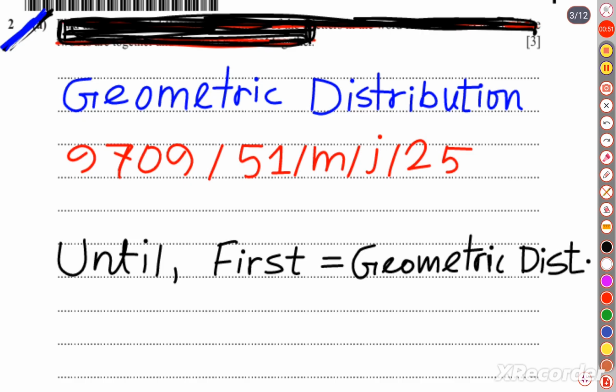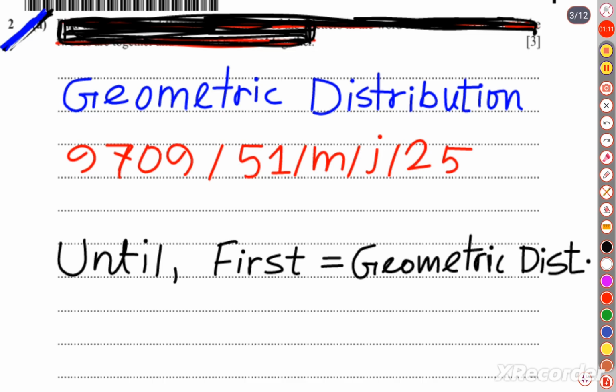Before we start writing the solution, we should know which distributions are called geometric distribution. Geometric distribution is primarily a distribution where, when the desired outcome is obtained, the experiment is over.